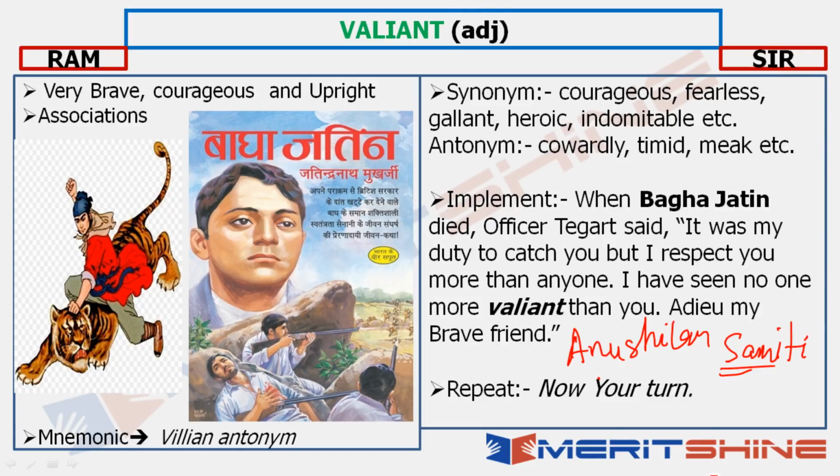But what about Bagha Jatin? His life was full of adventures. Let me tell you some stories about him. When the Prince of Wales was visiting India and his procession was passing, the Indian ladies, also from rich households, traveled in carriages to see the prince.